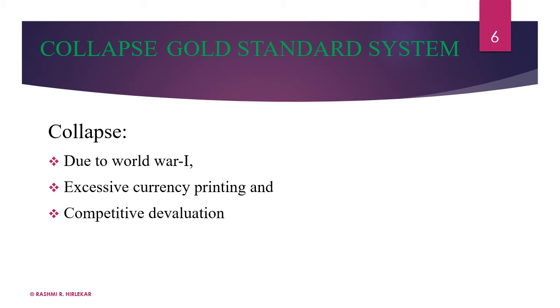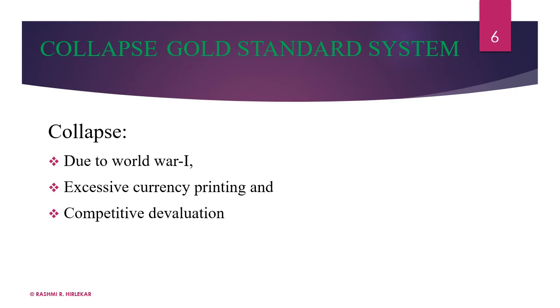Second, competitive devaluation of the currency. As the country wanted to increase its export as compared to import, so at that point of time, during the First World War, countries started devaluing its currency so that its goods become more competitive in the world market.